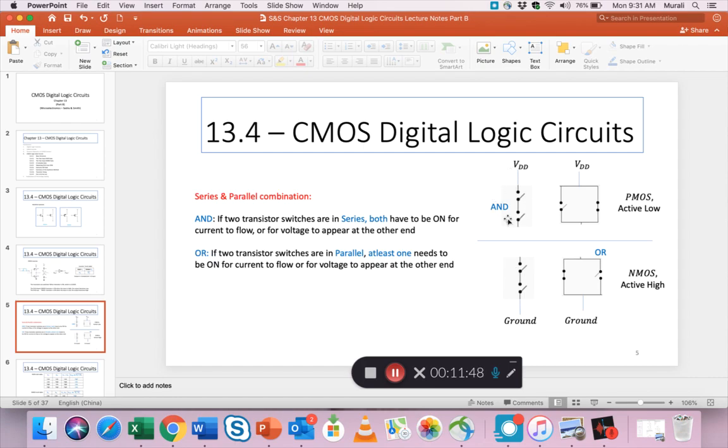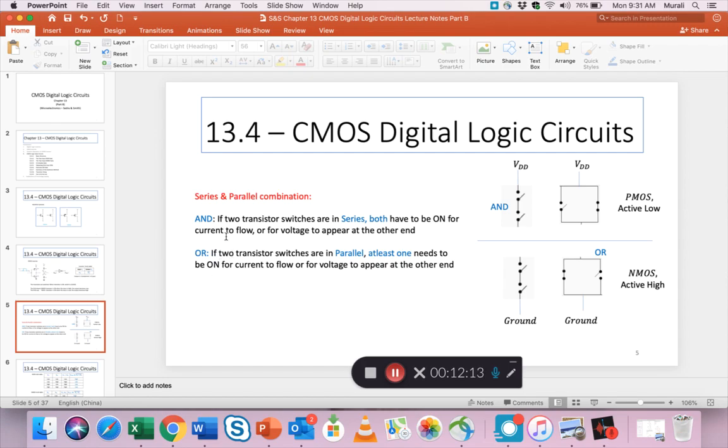That means a series combination of switches. So AND means if two transistor switches are in series, both have to be on for current to flow or for the voltage to appear at the other end. Same here. If you want the ground to come up here, then both the A switch and the B switch have to be on.